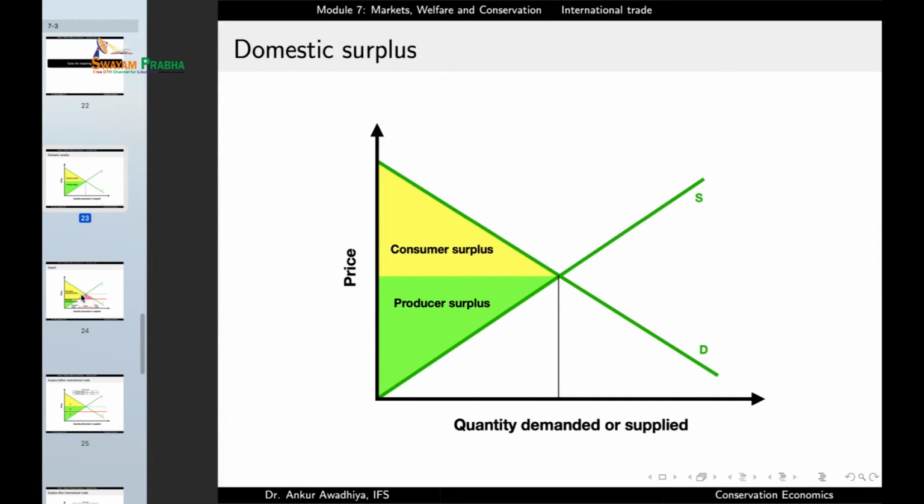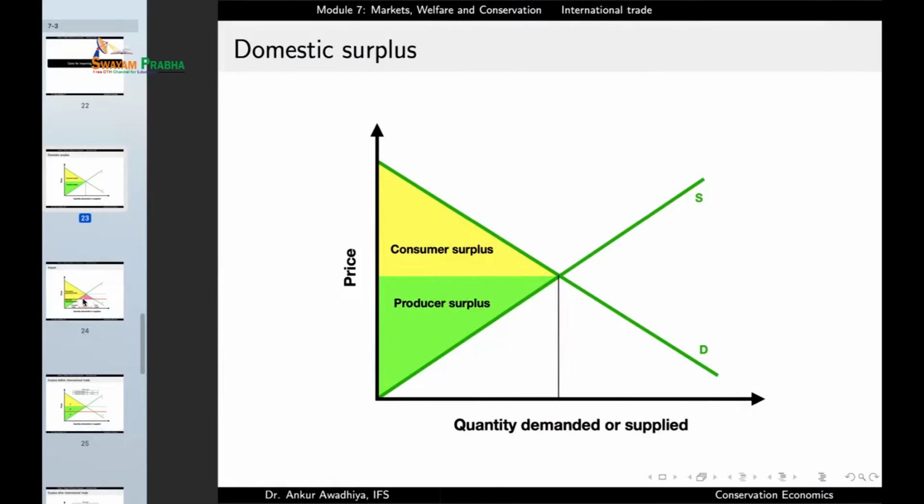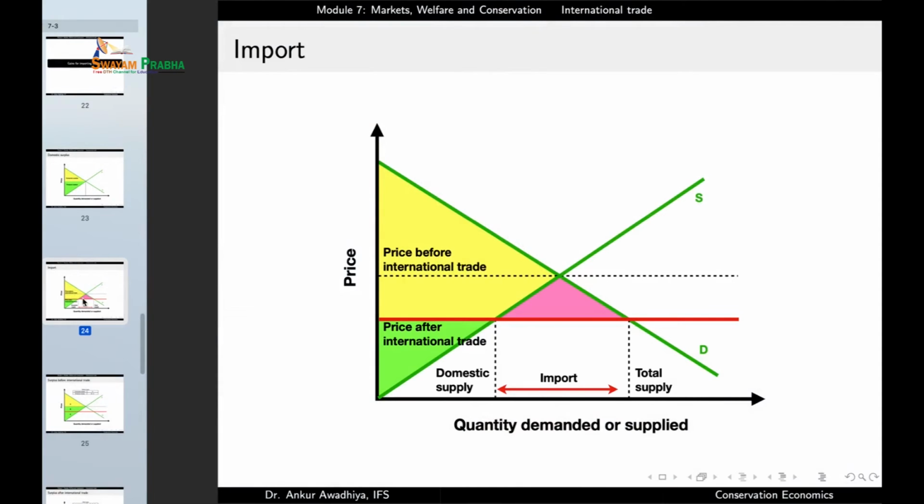Now, because this is an importing country, a country would import when the international prices are less than the domestic prices, which means that the country is able to get the things cheaply from abroad, and it takes much more money to make it domestically in the country. Only then would a country import. So in this case, the international prices are less than the domestic prices, and we are representing that here.